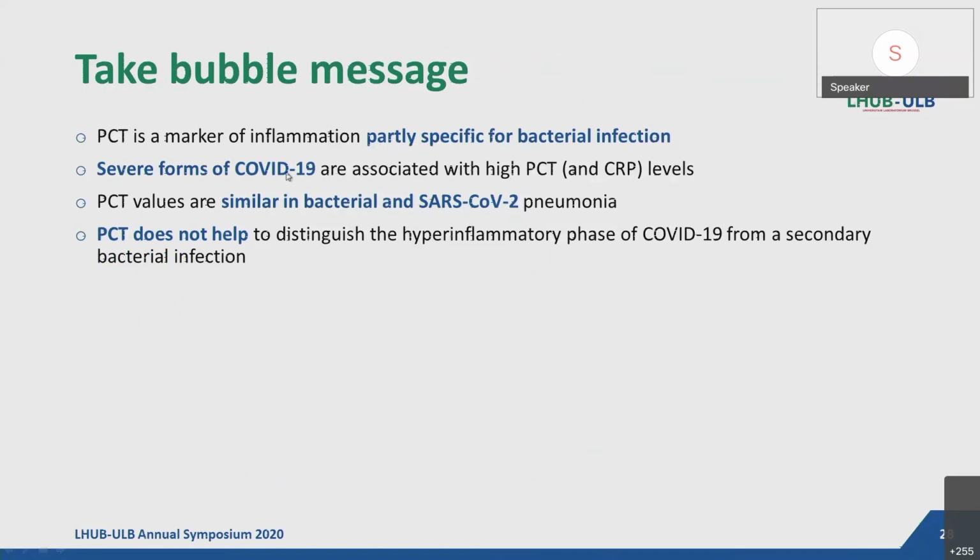In the case of COVID-19, indeed, several forms are associated with high PCT, but also other markers. PCT values are, however, similar in bacterial and SARS-CoV-2 pneumonia, and it doesn't look to be helpful to distinguish between the inflammatory phase or a secondary bacterial infection.